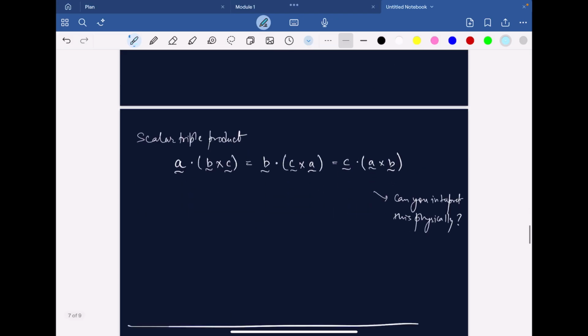There is an identity of scalar triple product. Again, you can prove this using Einstein notation, but can you also interpret this physically? If you recall from the class, I mentioned that the cross product is the area of a parallelogram, and the dot product is the projected rectangle.